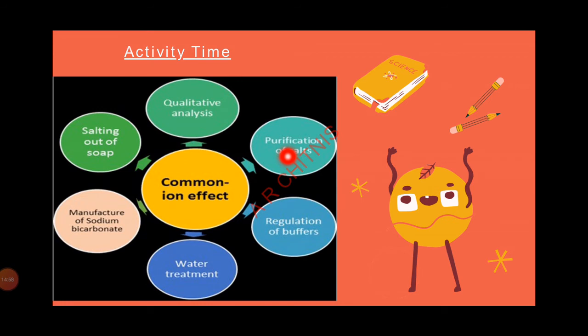Once again I'll repeat: a saturated solution of impure NaCl is transferred to a container and HCl gas is bubbled with the help of a pipe. As a result, pure NaCl will get precipitated from the impure solution, leaving behind the impurities in the solution. That is the application of common ion effect in the purification of salt.